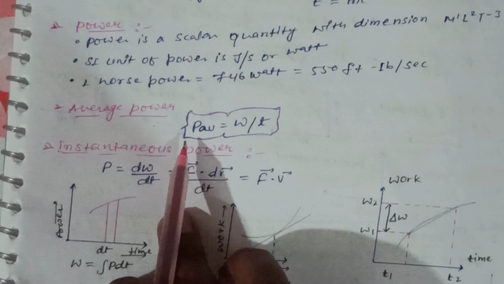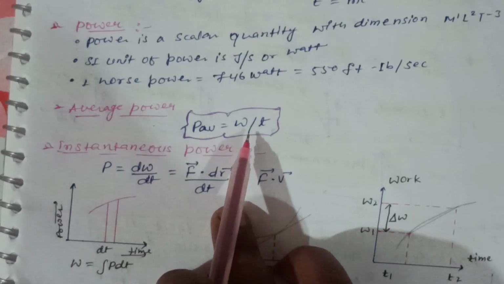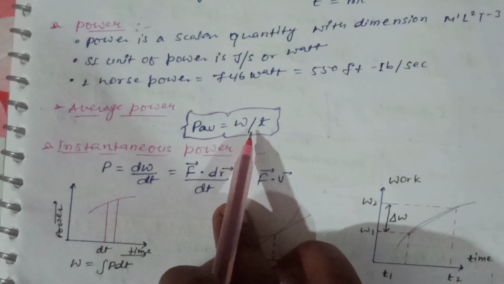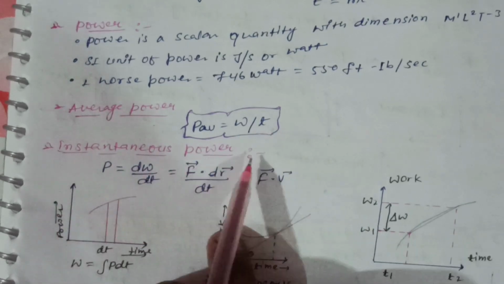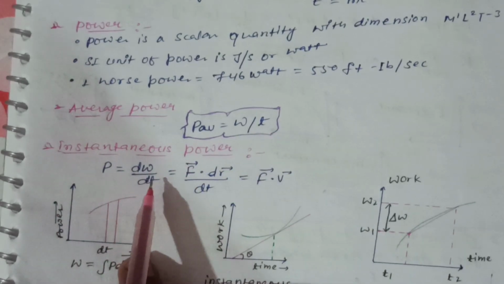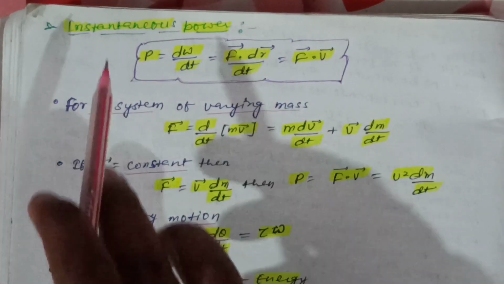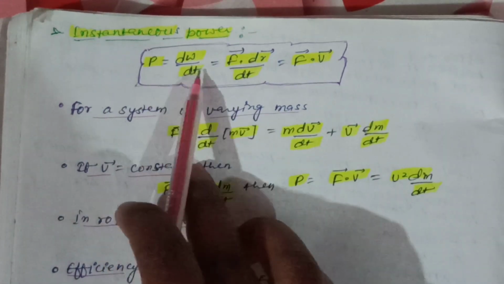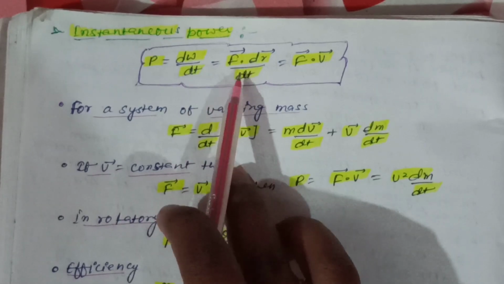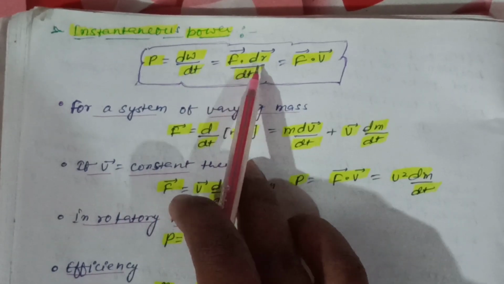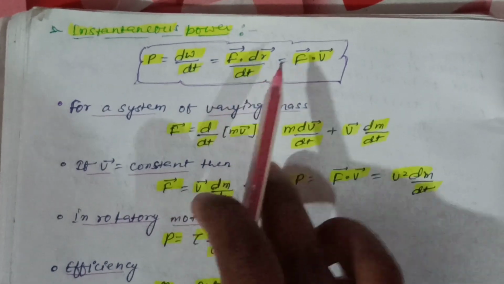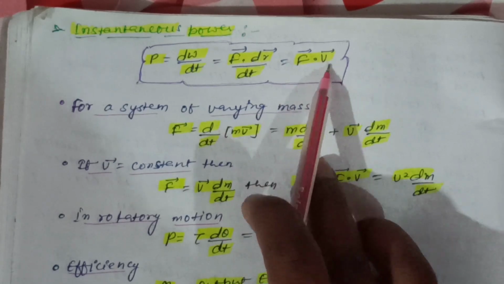Average power, P average, is equal to W upon t. Instantaneous power P is equal to dW/dt. Now instantaneous power P = dW/dt = F·dr/dt = F·v.